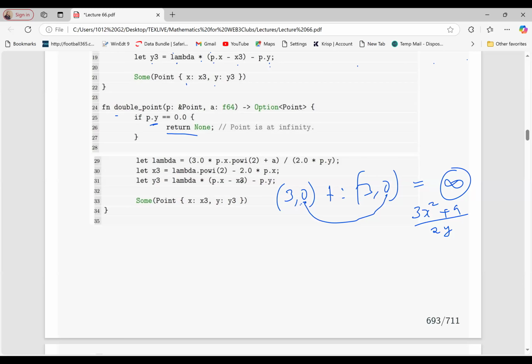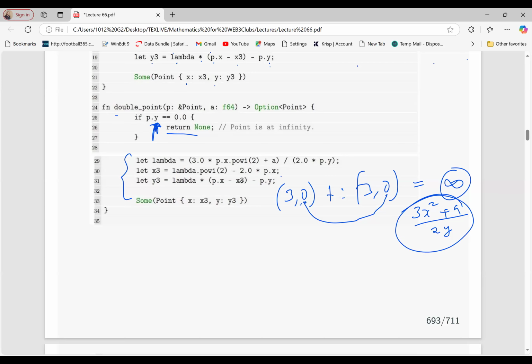That is a case when the y value is 0. But when the y value is not 0, then you proceed with this formula. When the y value is 0, you don't need this formula, because it will not give you anything.